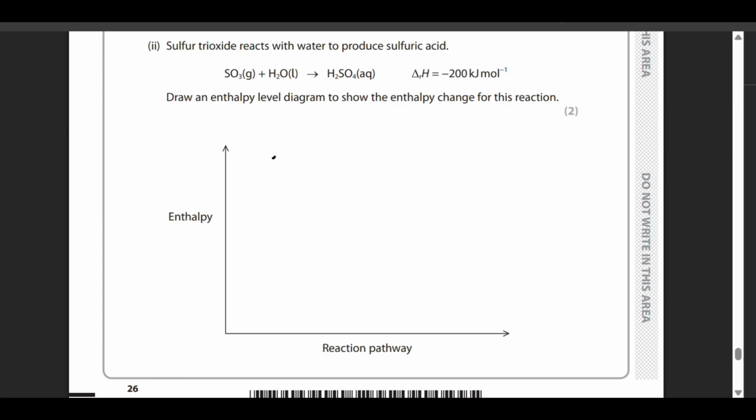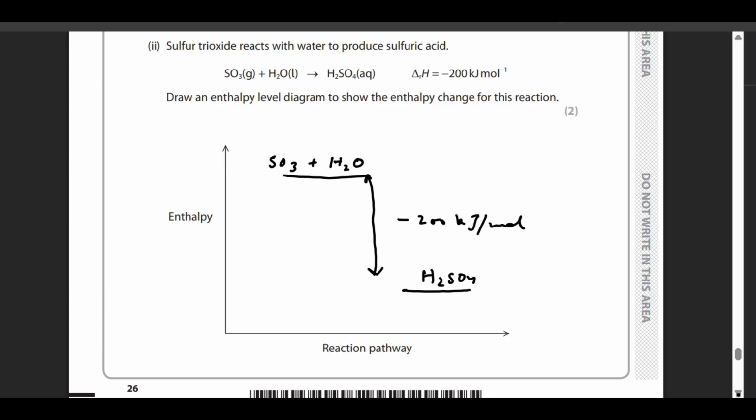Now draw an enthalpy change diagram to show the enthalpy change for this reaction, and because this is an exothermic reaction, in an exothermic reaction the energy of the reactants is greater than the energy of products, and extra energy is released as heat energy. So you can draw the energy level diagram. We will write the products here.